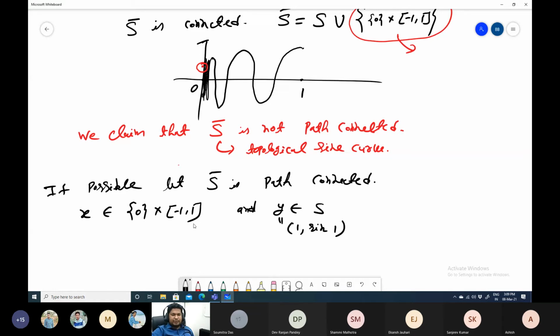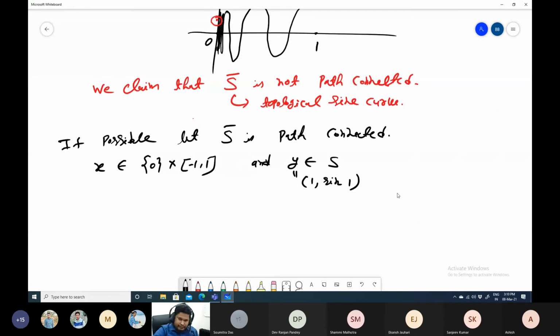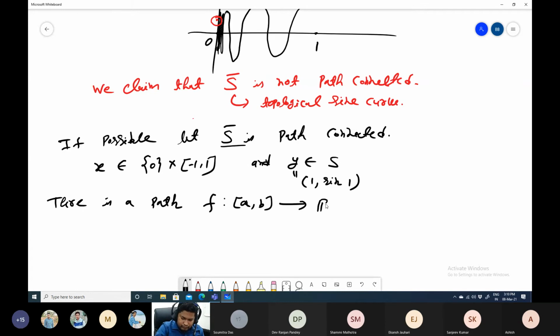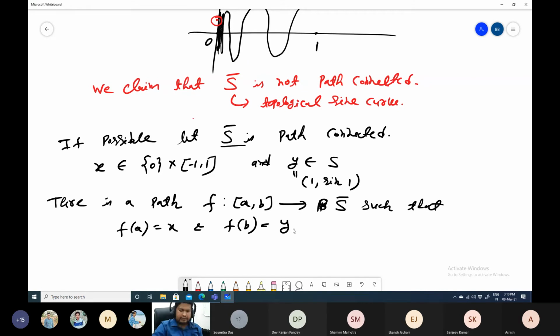So take x equal to some point in that vertical line and take y equal to the end point. Since we assume that this is path connected, there is a path, say f from a, b to S bar such that f of a equals x and f of b equals y.